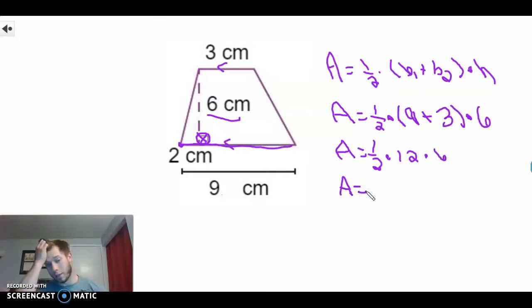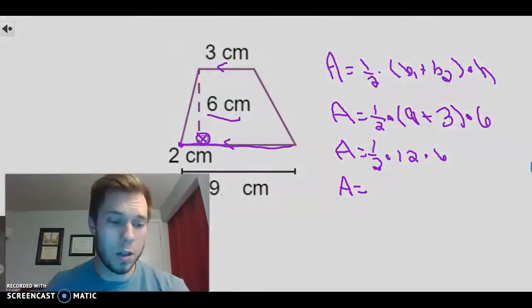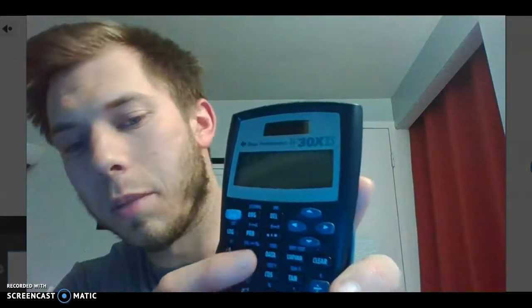So with our calculators, again, we're going to type in half multiplied by 12 multiplied by 6. So we have our half. So there's our 1, our ABC button to put in our fraction. So there's 1/2. And we have multiplied by 12 and multiplied by 6.